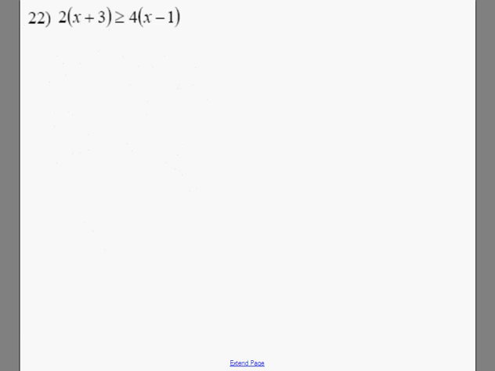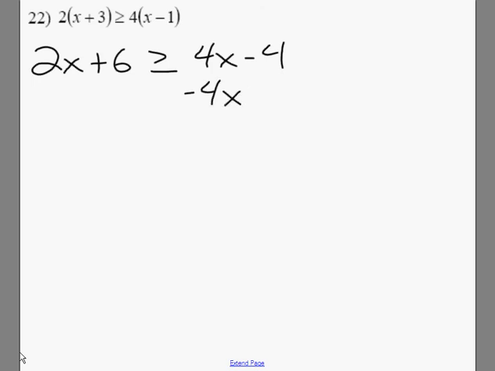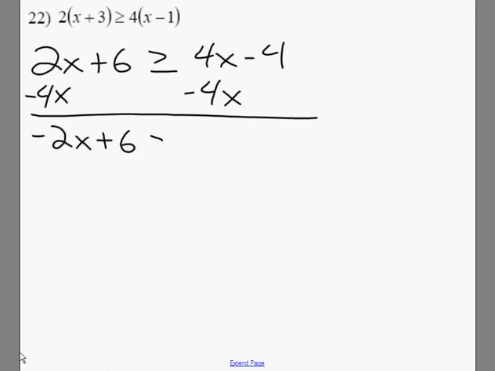We're going to distribute on both sides here. We're going to get 2x plus 6 greater than or equal to 4x minus 4. Subtract the 4x on both sides. We're going to get negative 2x plus 6 greater than or equal to negative 4.